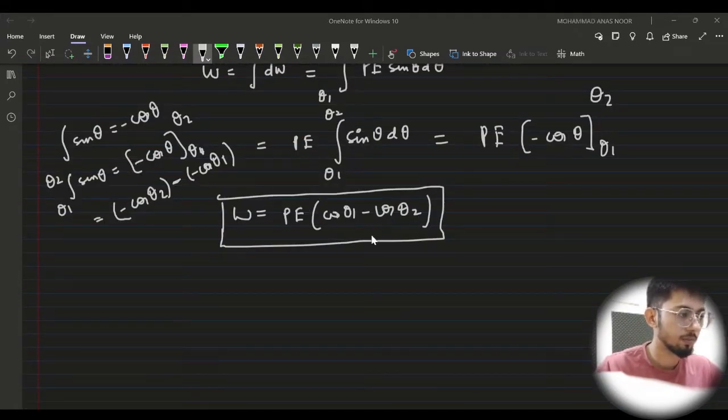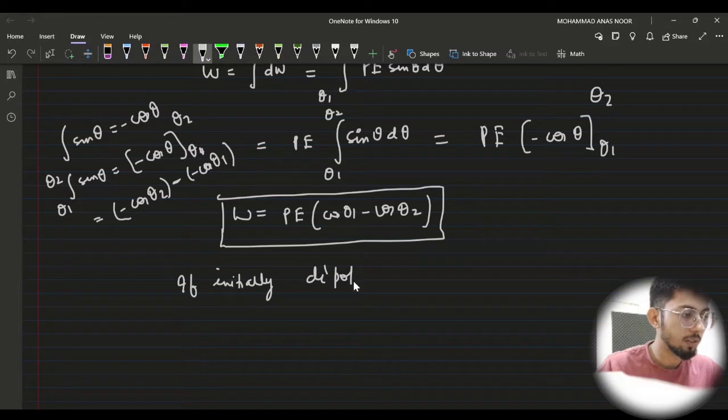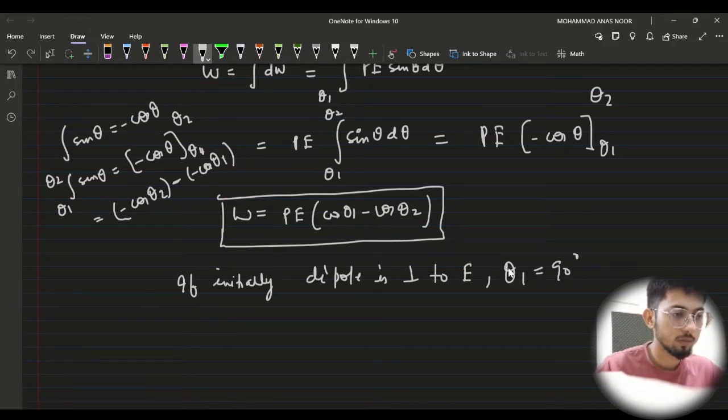Now if initially the dipole is perpendicular to the electric field, then what will happen? This theta 1 would be 90 degrees, so cos 90 is 0. Then let's say theta 2 is some theta.